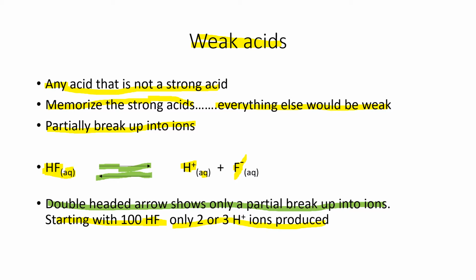So you may get 2 or 3 units of H plus and F minus. You only get a small amount of those ions coming out. That's what makes these weak acids.